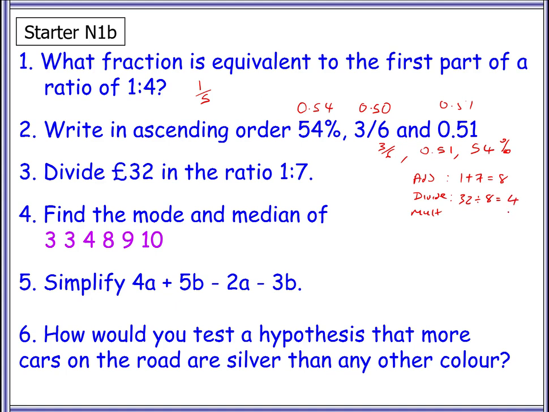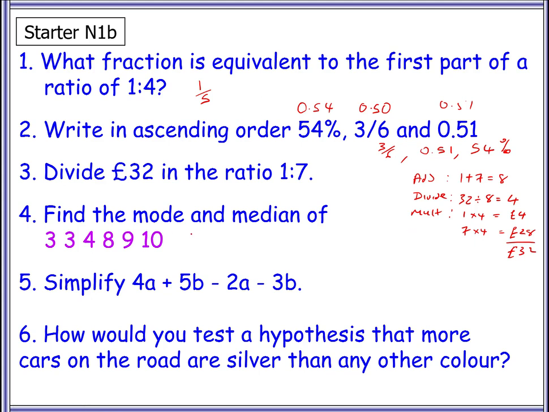So 4 pounds is 1 share, and then we multiply. So we've got 1 share and 7 shares. 1 times 4 is 4 pounds, and then 7 shares is 7 times 4, which is 28 pounds. And you can check by adding the two of them. They give you 32 pounds, which is what we started with, so we know it's correct.